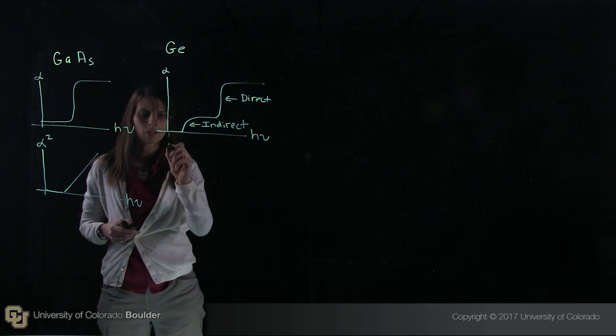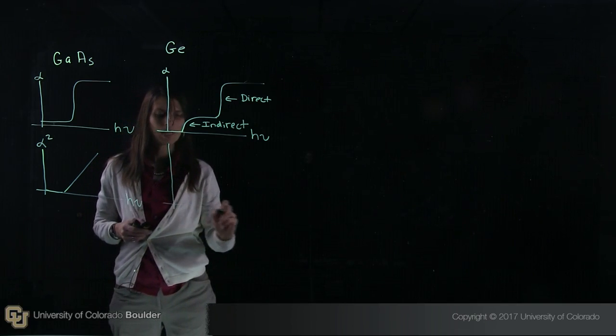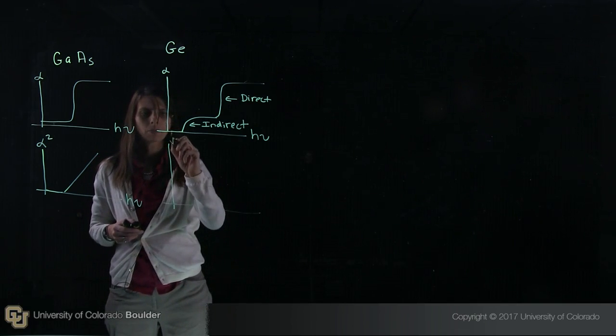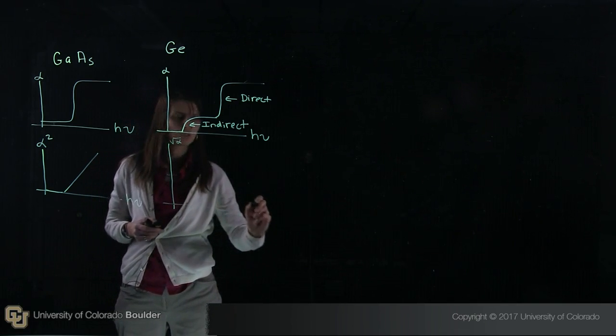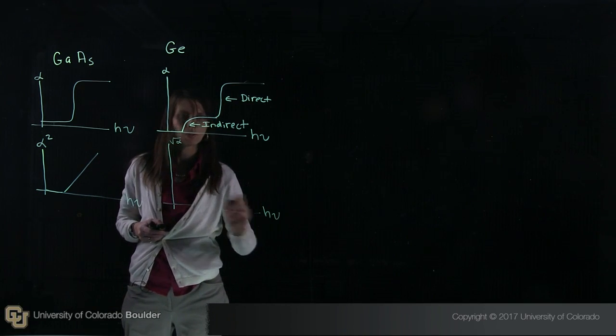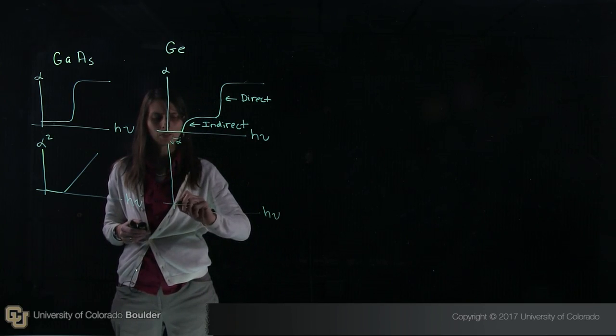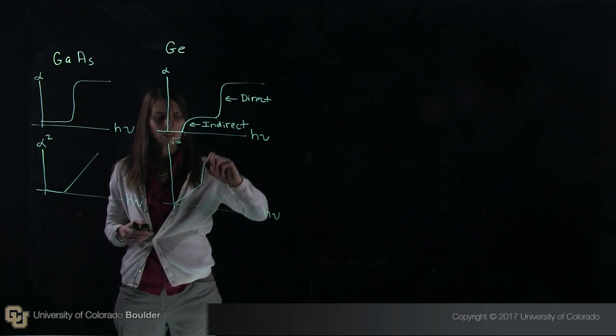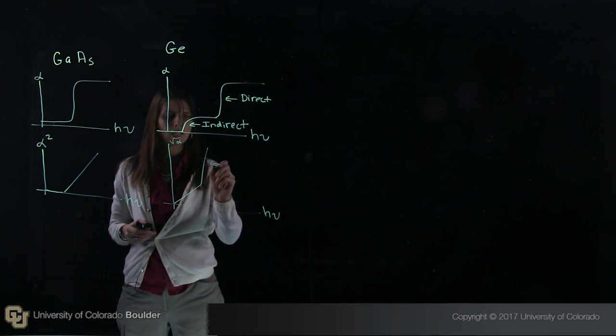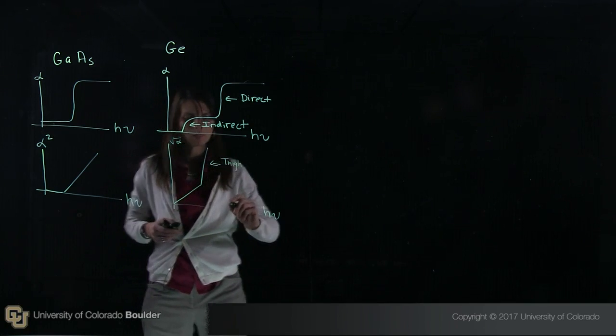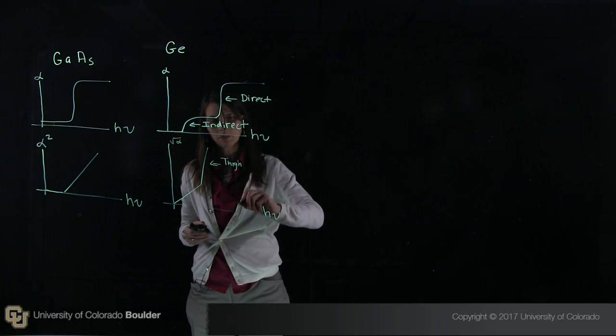Another, perhaps more clear way to plot this is to plot the square root of the absorption coefficient versus h nu. And what do I see? I see something that looks like this. So here, this is the case for high temperatures. And then I can make a similar plot for what happens at low temperatures.